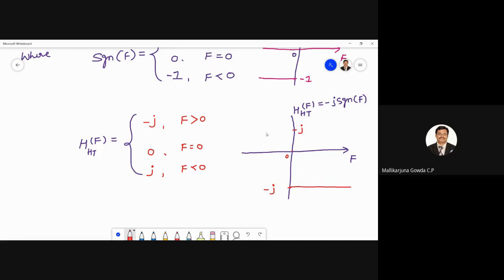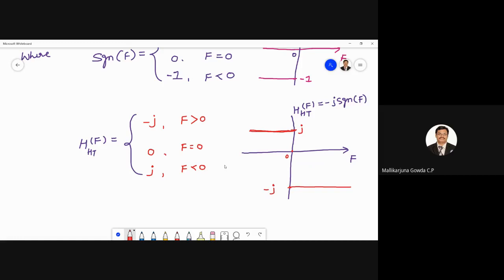For f less than 0, it will be j. Yes, is this clear? And at f equal to 0, it is 0.